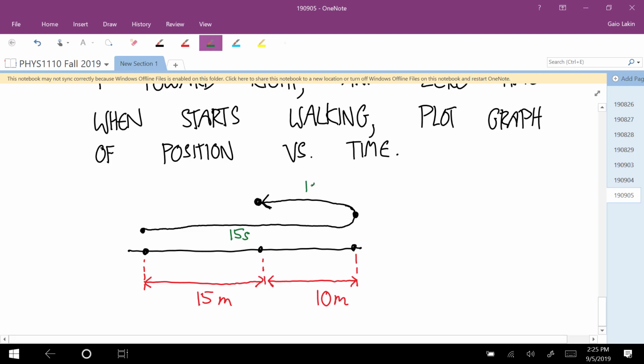Okay, so none of that is up for debate. That's what happens. We're just now trying to figure out how to put position and time labels on all these different events. Okay, so now for the first time, we're going to take into consideration the zero position, the positive direction, and the zero time.